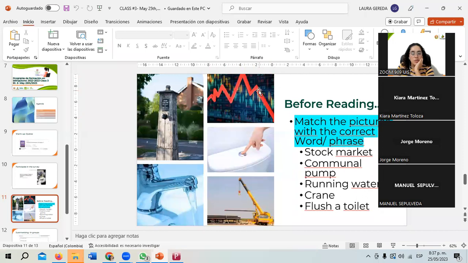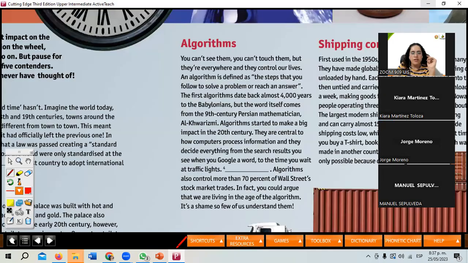This is it, stock market and trade, son transacciones, ¿no? Las transacciones del mercado de valores. Stock market trade. What else? Argue. You could argue that we are living in the age of the algorithm. What is to argue?